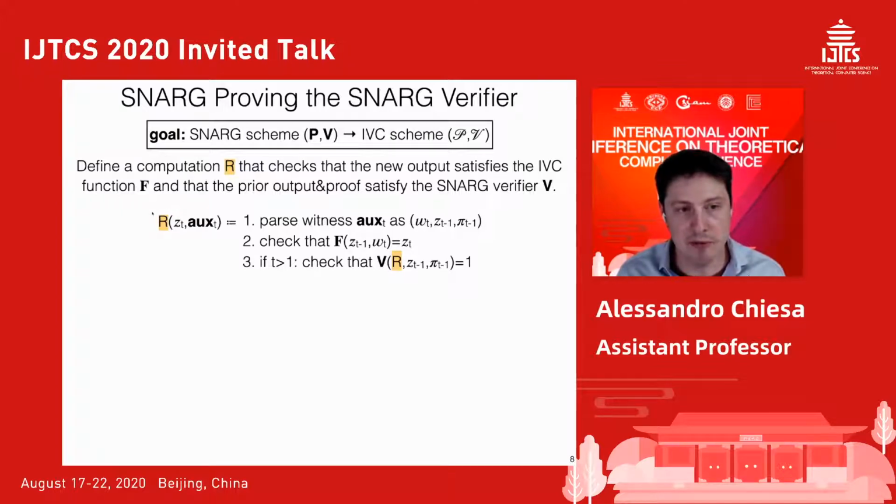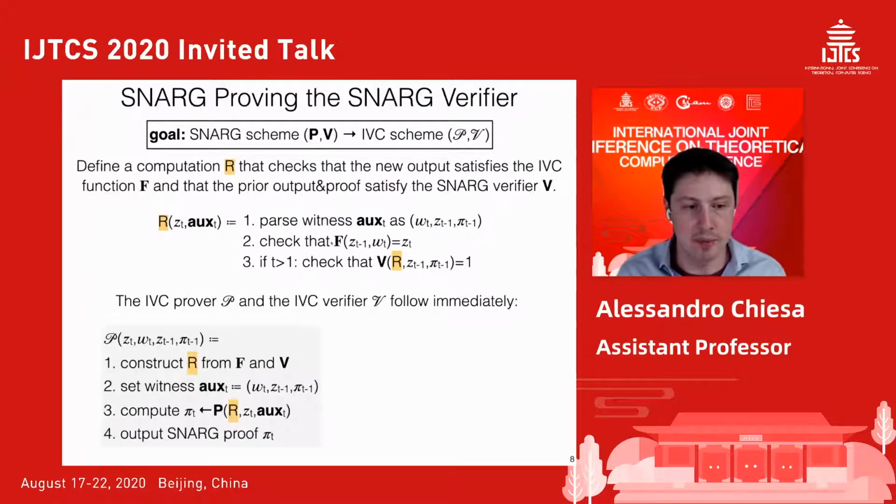Now, once you have this recursive computation defined, constructing the IVC prover and the IVC verifier is rather straightforward. Here they are. The IVC prover will simply assemble this recursive computation from the transition function and the SNARK verifier, and it will just use the SNARK prover to produce a proof that the recursive computation has accepted the new output z_T. And then you just output the SNARK proof.